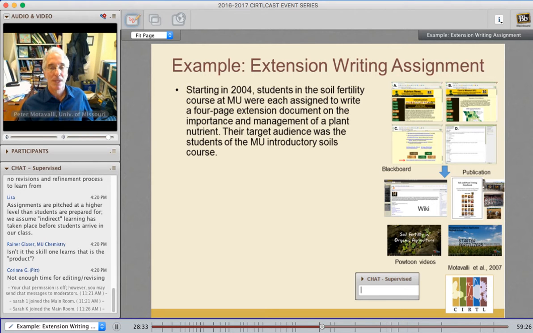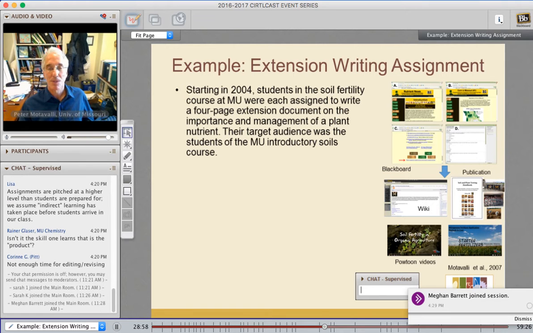So over the whole period of time, you're going to be going through that whole scholarship of teaching and learning process. So starting in 2004, I teach a course in soil fertility, and one of the important things in this area is that they know how to write for public audiences.